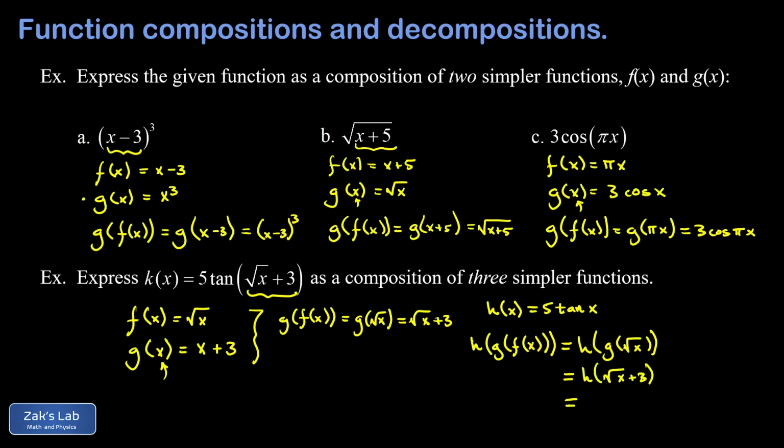And finally, h is the function 5 tangent x. So we take 5 times the tangent of its input, and I get 5 tangent of square root x plus 3. And we've successfully built this complicated function as a composition of 3 simpler functions: the square rooting function, the function that adds 3, and the function that takes 5 times the tangent of the input.